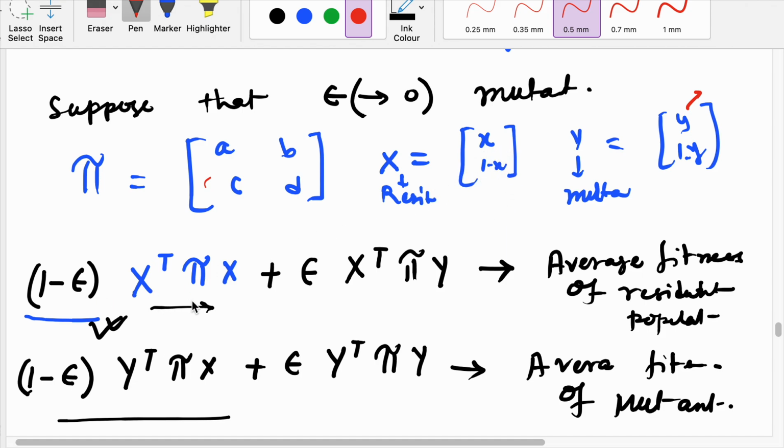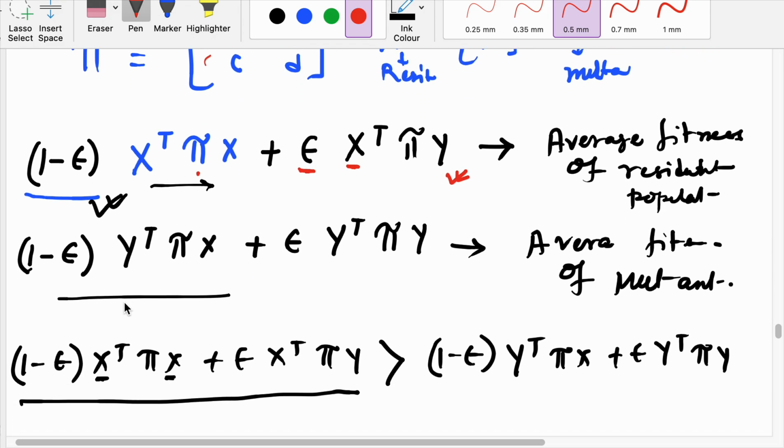Because 1 minus epsilon fraction of the time these resident individuals will interact with other resident individuals, and with epsilon fraction of the time the resident individual has to interact with a mutant type. Then on average that resident individual will get this much fitness or payoff, and in evolutionary dynamics the payoff is the fitness.